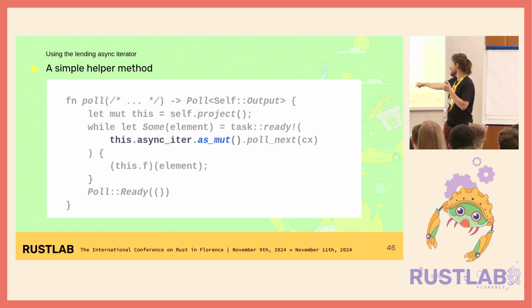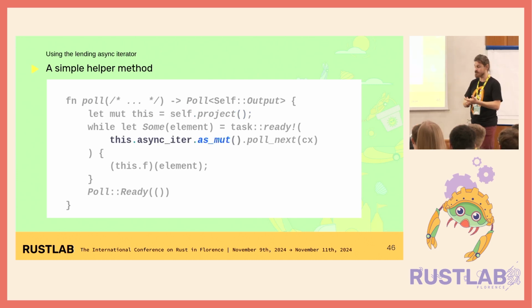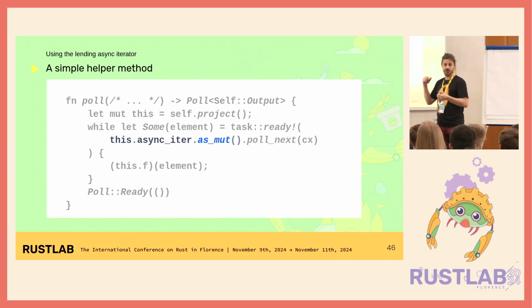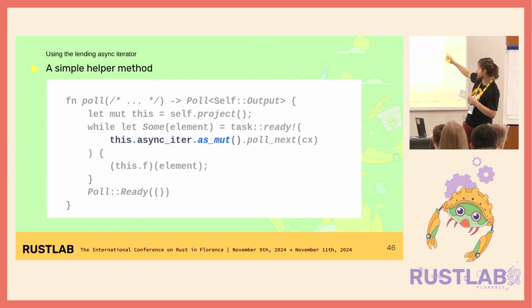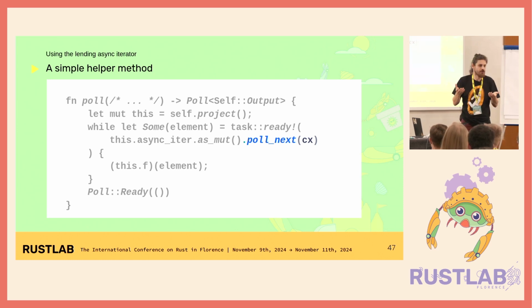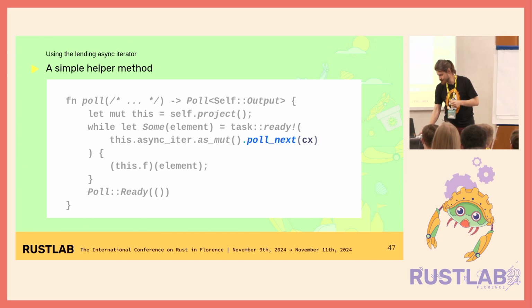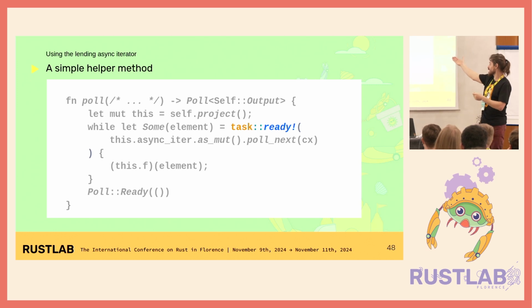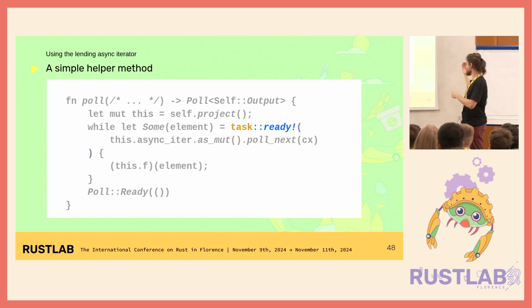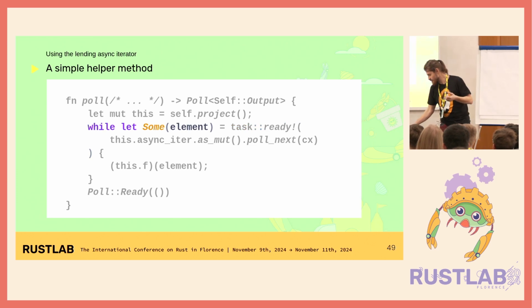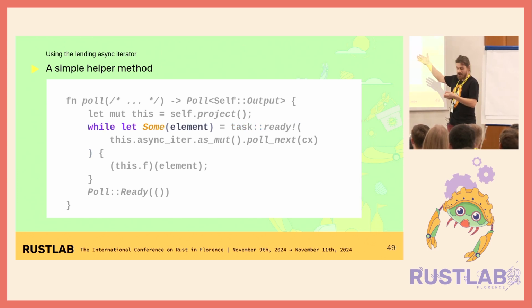So we can use as_mut, which is a method of Pin that makes us able to use the pin more than once. Otherwise, we would consume the pinned mutable reference. And we are in a loop, so we want to do that. And then we can use the poll next function, because we defined the poll next function, OK? At this point, we can just use the ready macro from the standard library, which returns something only if the poll returns ready. And then we can just loop until we get some element.